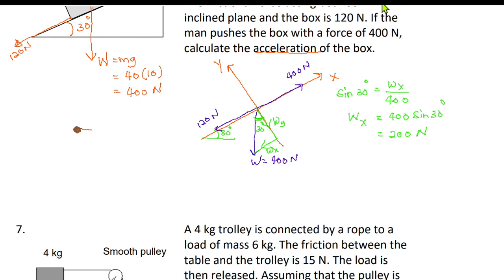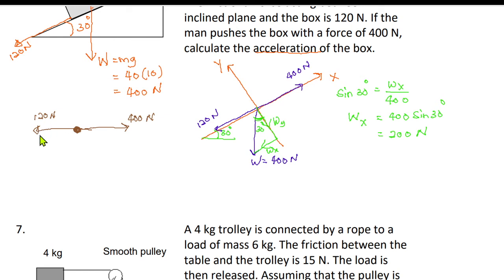I'm going to draw my X horizontal. I have a force going to the right and a force going to the left. Going to the right, I have 400 Newton, going to the right, I have 120 Newton. My W sub X is to the left, sorry.